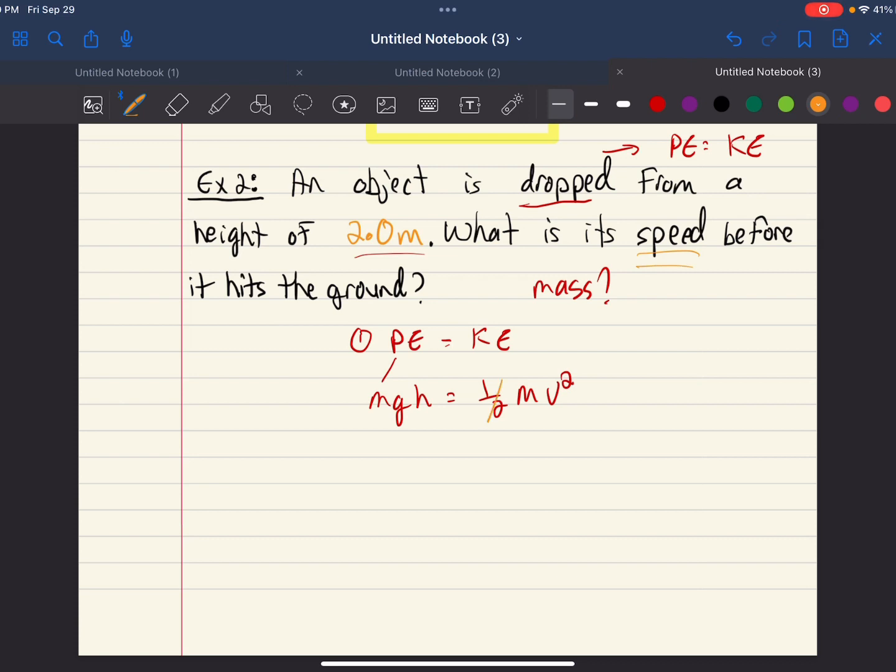First, I think it's easier to change the half into 0.5, so you're not going to be working with a fraction. So I'm going to rewrite this as mgh is equal to 0.5 m and then v squared, keeping in mind that what we want is that v squared. So now, standard algebra, I want to move the 0.5 and the m to the other side. So we'll divide both sides by 0.5 m.